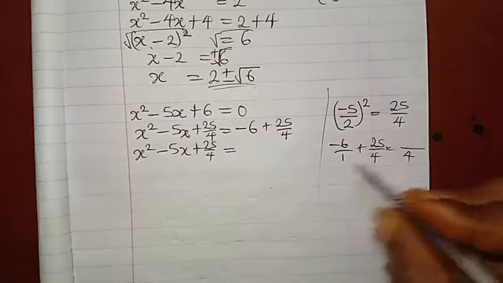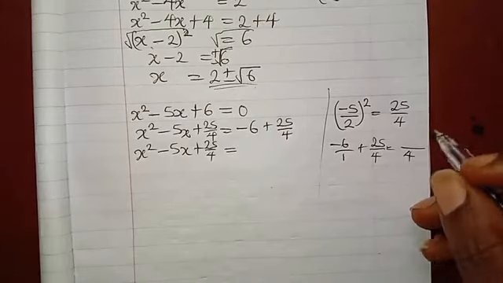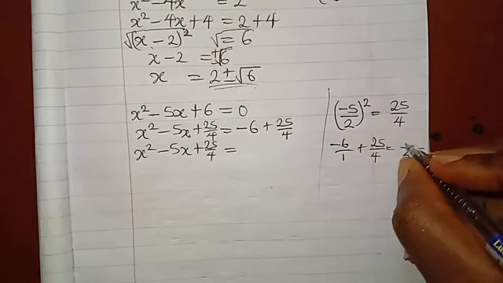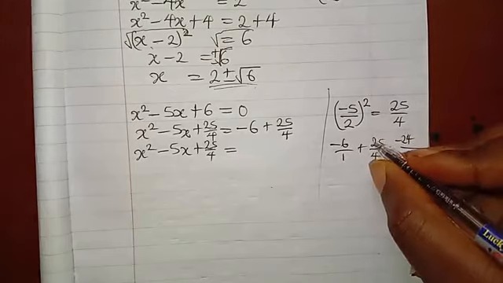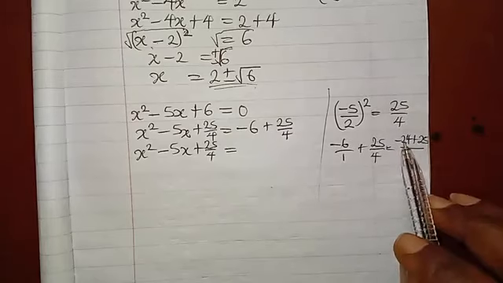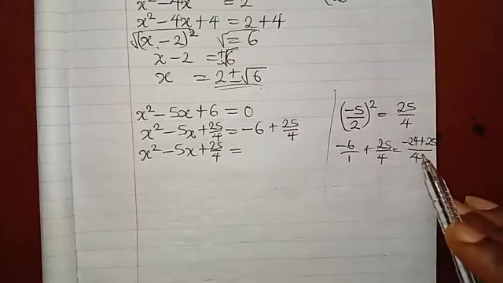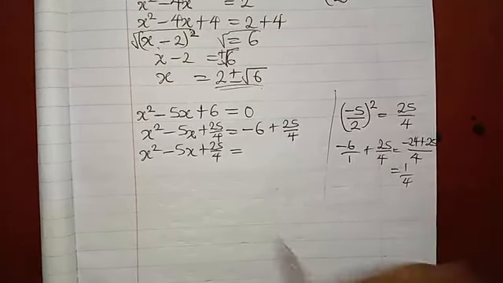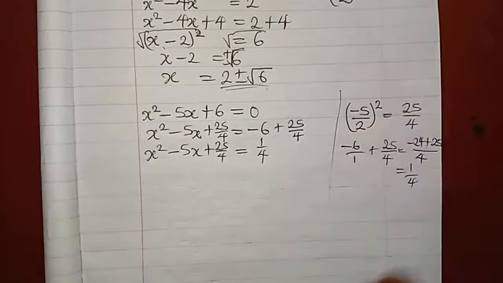That's the LCM of the denominators, which is 4. 1 into 4 is 4, and then 4 times minus 6 is minus 24. 4 into itself is 1 times 25, that's 25. So we have minus 24 plus 25, which is like saying 25 minus 24 is equal to 1, and it's over 4. So we have that this addition is equal to 1 over 4.